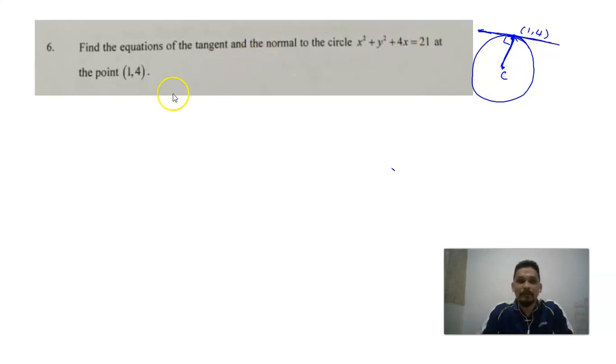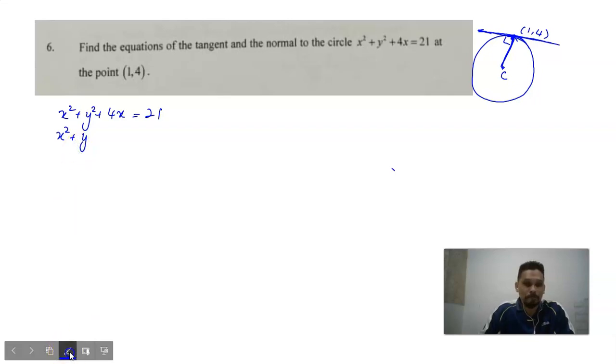So given here now, x squared plus y squared plus 4x equal to 21. Then x squared plus 4x plus y squared equal to 21.